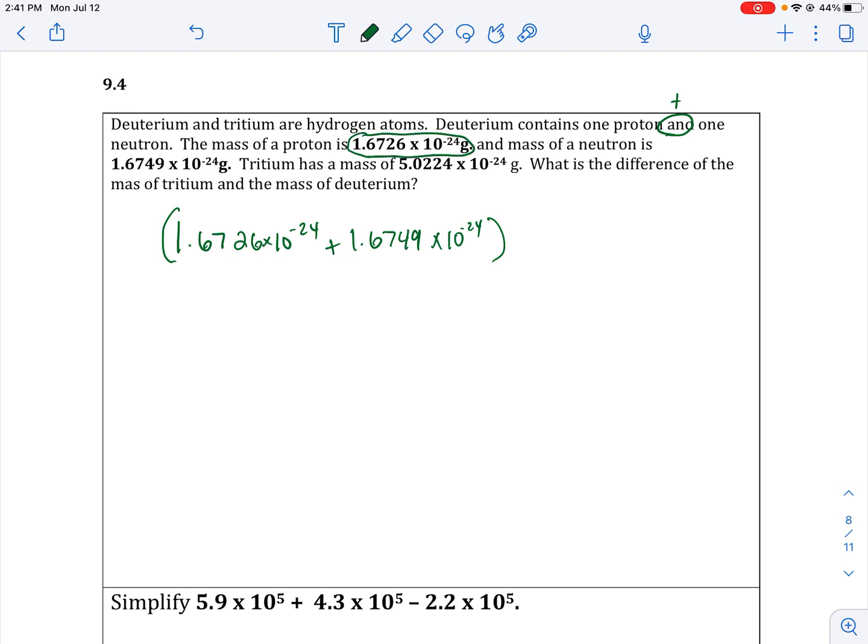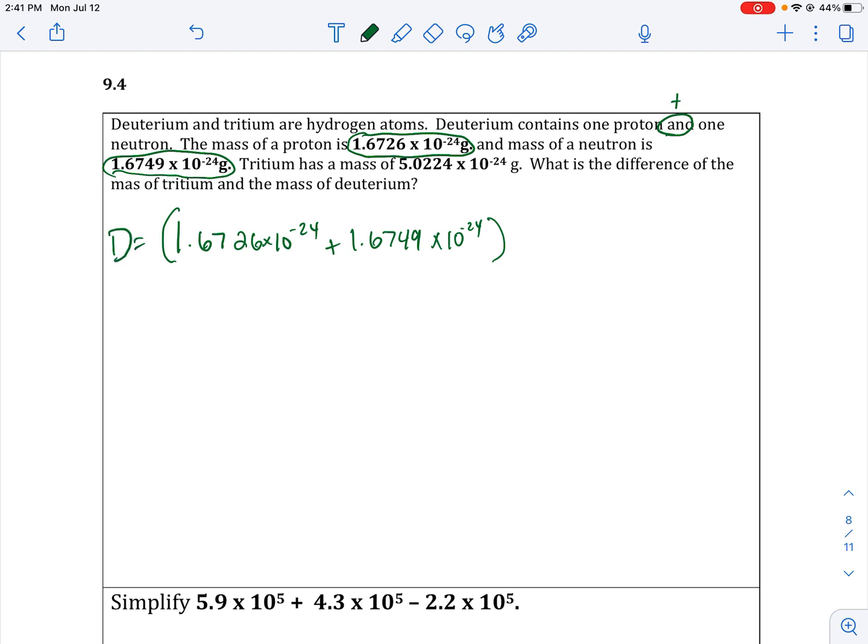One proton has a mass of that many grams. One neutron has a mass of that many grams. Let's go ahead and add those together because it says one proton and one neutron to make this deuterium.